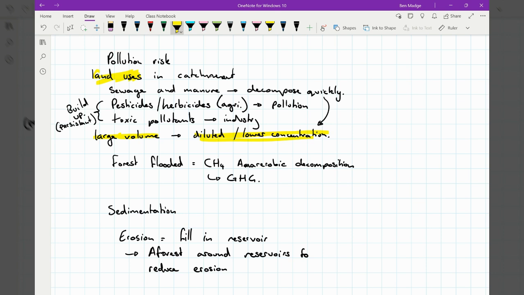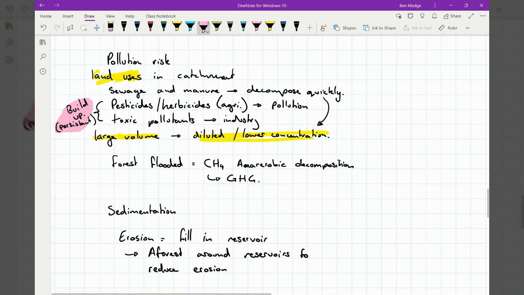However, we can have some things build up because they are persistent. So things like pesticides and herbicides from agriculture, these are persistent and can build up within a reservoir.